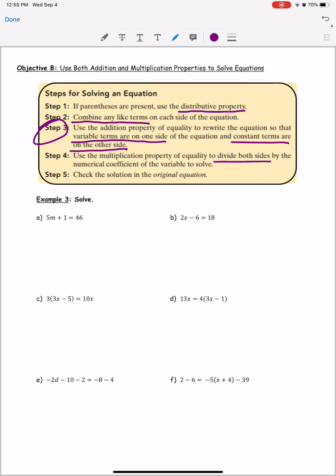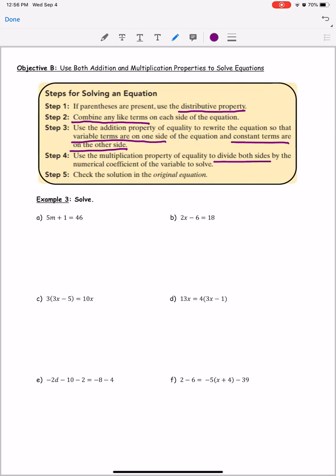So then we're at step 3. Step 3 says to use the addition property to rewrite the equation so that the variable term is on one side and the constant term is on the other side. So, because I need my constant term on one side, notice here you've got your variable on one side. So that means I need my number, my constant, on the other side.